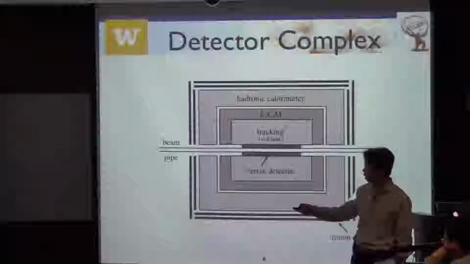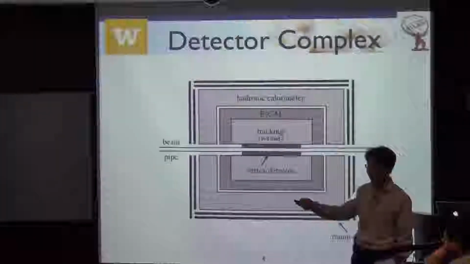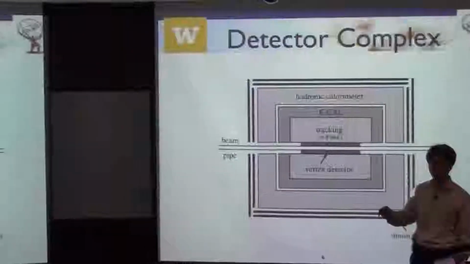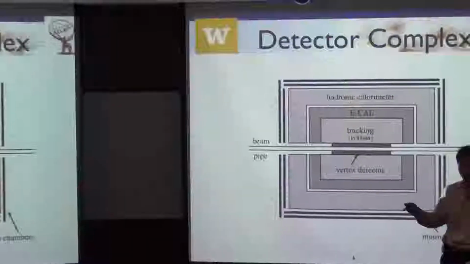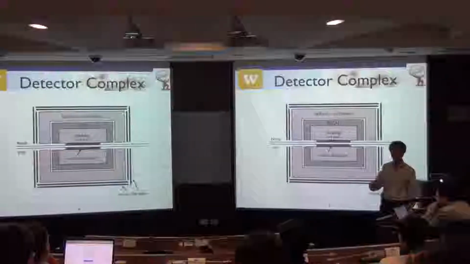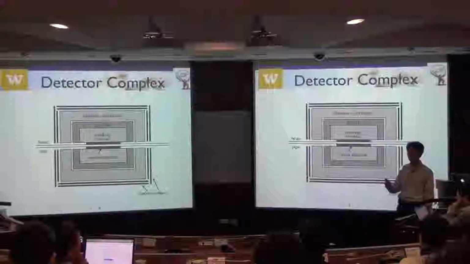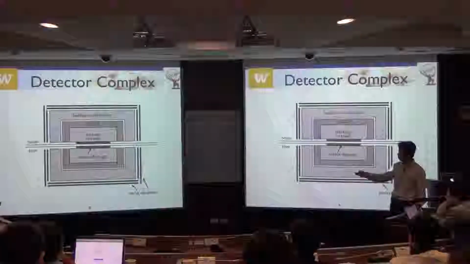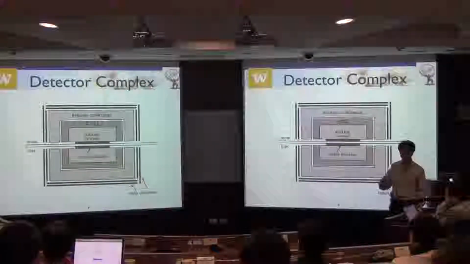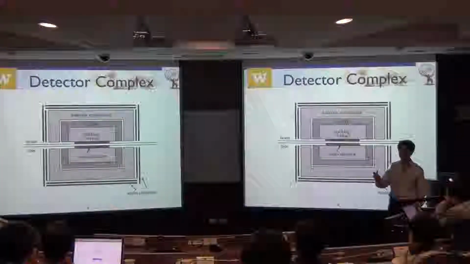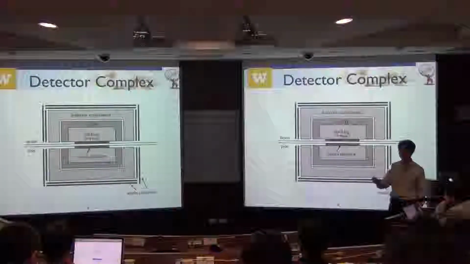From the center, going outward through a detector, first you have a tracking device which can measure the trajectory of charged particles. And you apply the magnetic field, so from the curvature of the trajectory, you can measure the momentum of the charged particle. Then you put a calorimeter here, which can measure the energy of either the EM particles or the hadron particles.